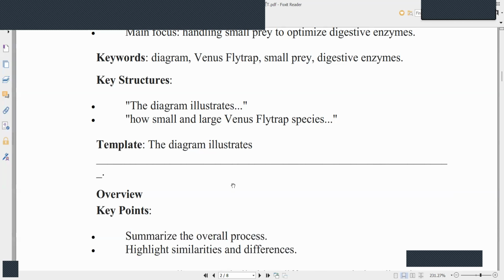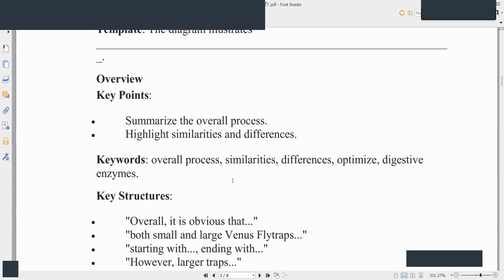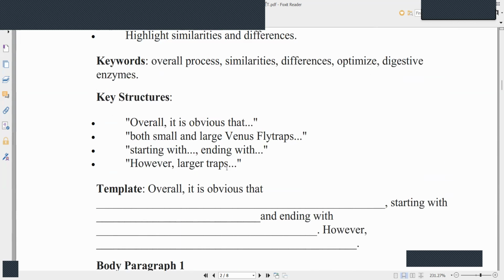Template: the diagram illustrates. Overview key points. Summarize the overall process. Highlight similarities and differences. Keywords: overall process, similarities, differences. Optimize digestive enzymes. Key structure.